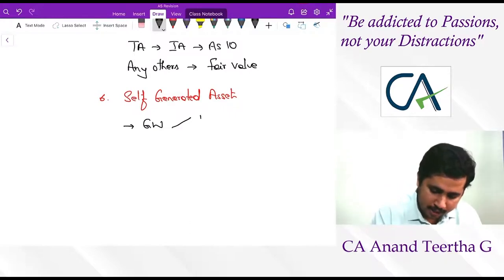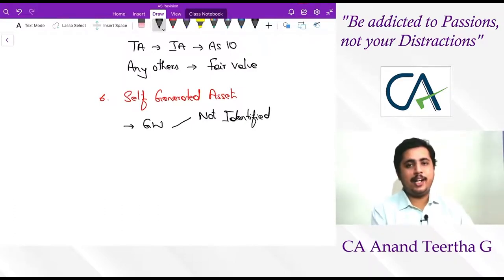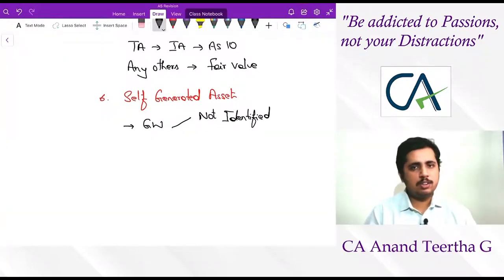It cannot be identified. As I've already told you before, it cannot be identified separately to generate future economic benefit. It's always merged with business. So if business is sold, at that time goodwill will be generated. If business is not sold, it will be with you only. You can't separate business and intangible asset or goodwill. So therefore, it's not identified.